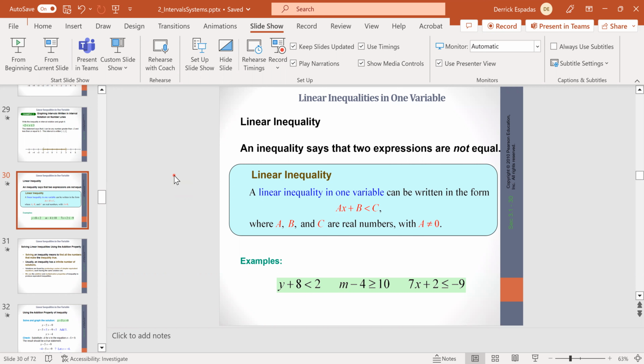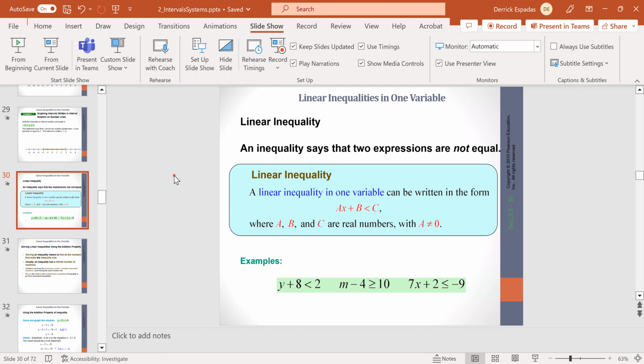If we look at the second example, where m minus 4 is greater than or equal to 10, what would m have to be? So 14 minus 4 is equal to 10, so 14 would be valid. And then 7x plus 2 is less than or equal to -9.